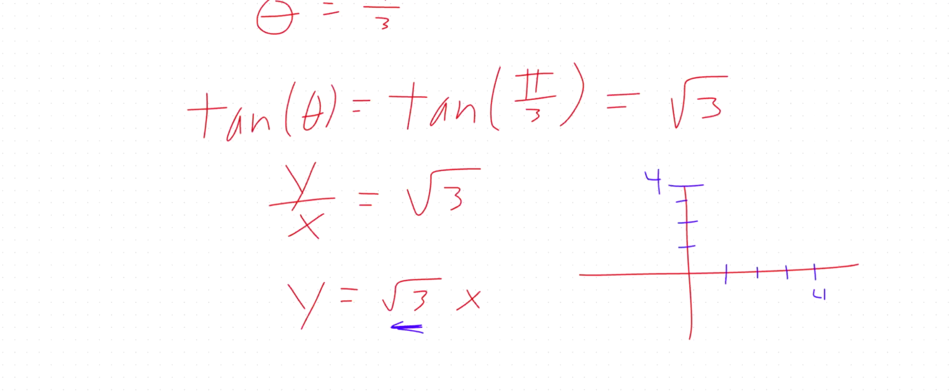So we're going up square root of 3 over 1. Square root of 3 is about 1.7-ish. So our slope's going like that.